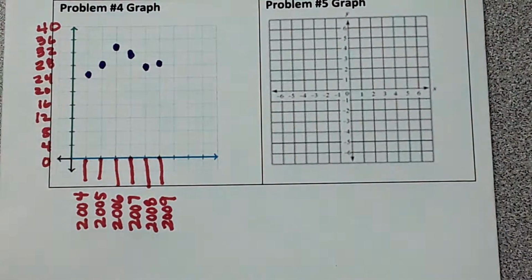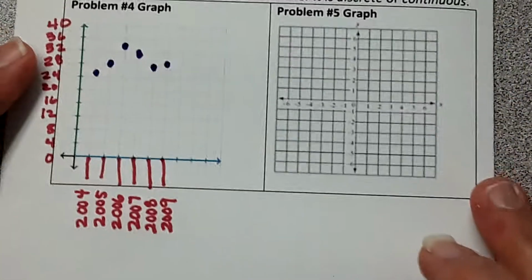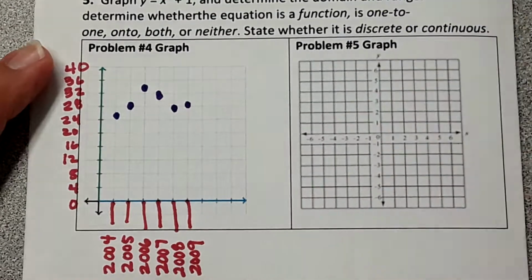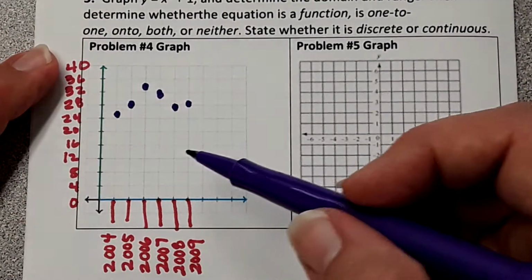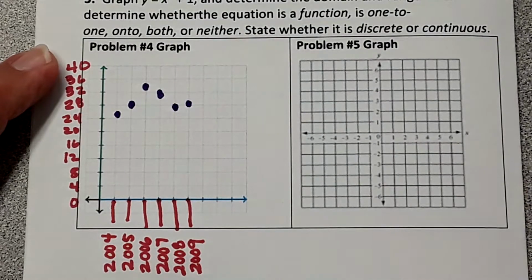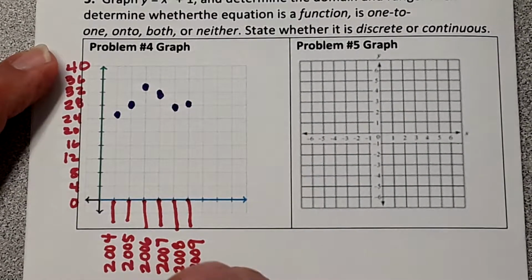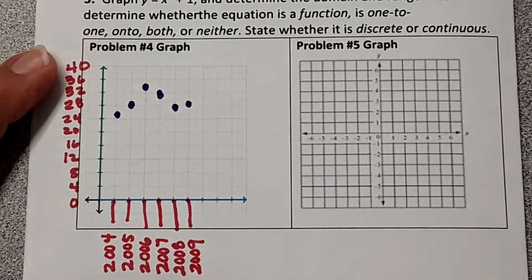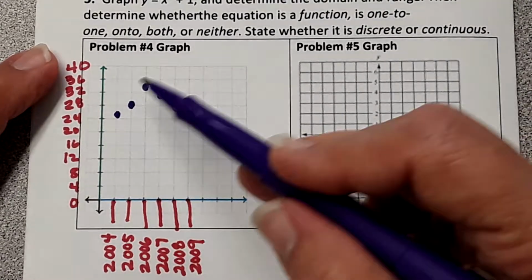So now the question is, is this discrete or continuous? Well, since we didn't connect the points and it didn't say to, this is what we call discrete. Okay? It's not a curve.